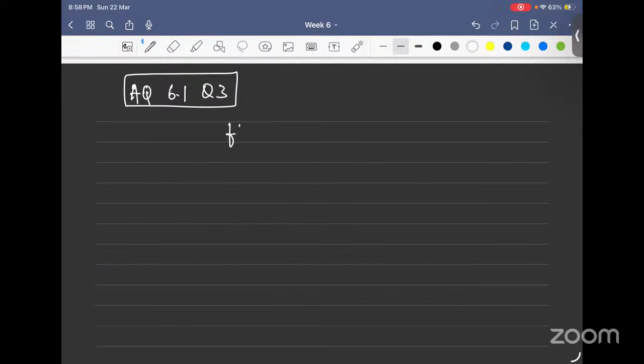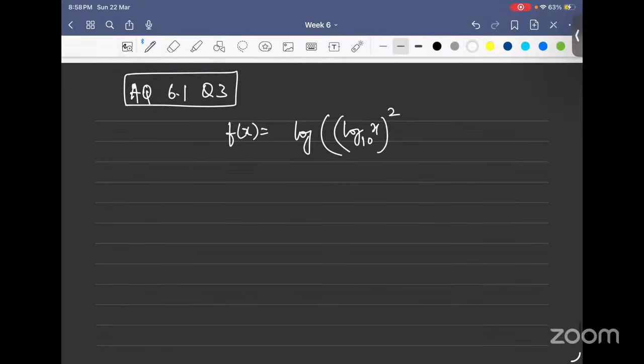So the question here is f(x) equals log of x base 10, whole squared, minus 8 log of x base 10, plus 15. This is the question, right? You have to calculate the domain.